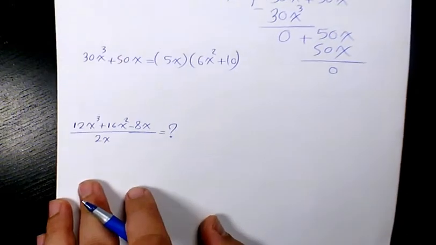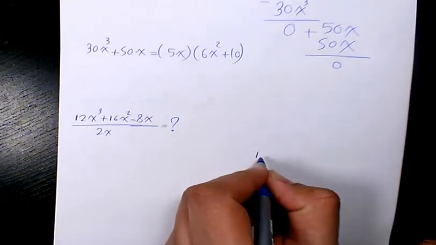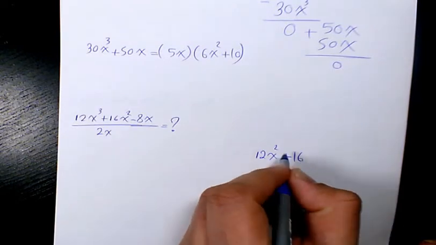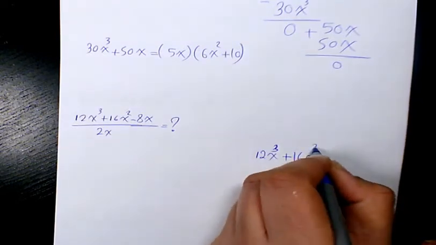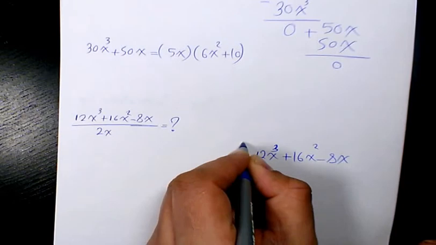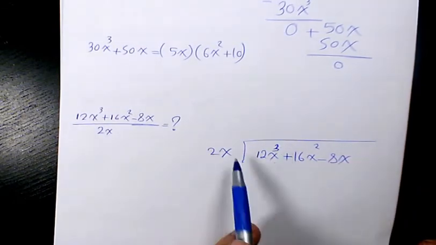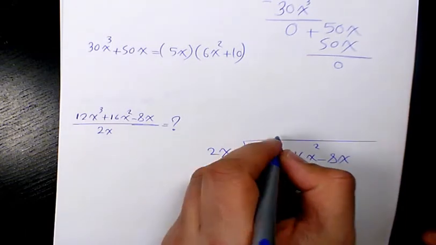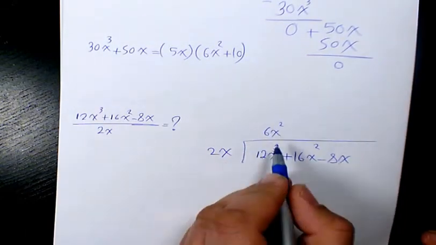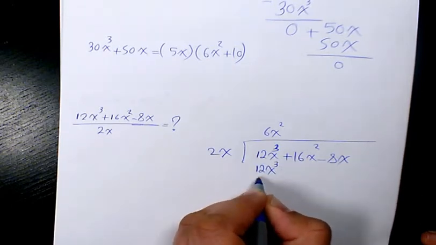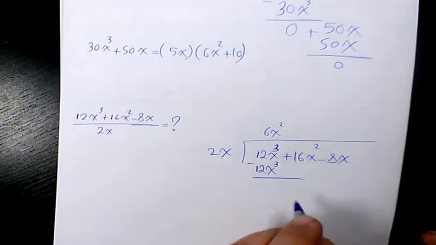Next one, we have 12x cubed plus 16x squared minus 8x divided by 2x. So 12x cubed divided by 2x will be 6x squared. 6x squared times 2x is going to be 12x cubed. Then you subtract it, that's going to be 0.